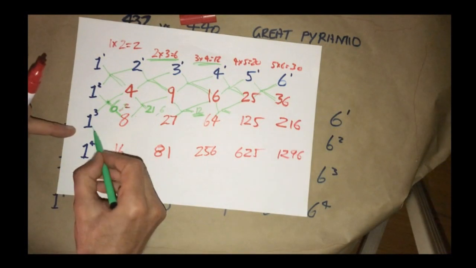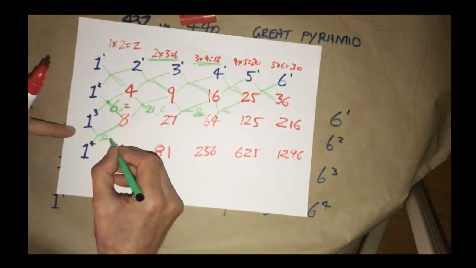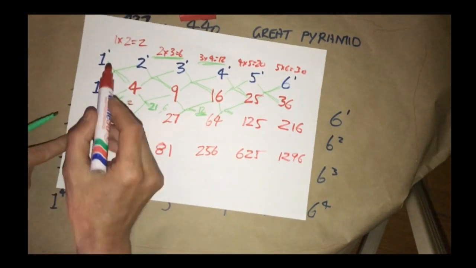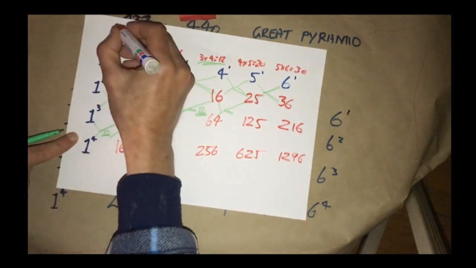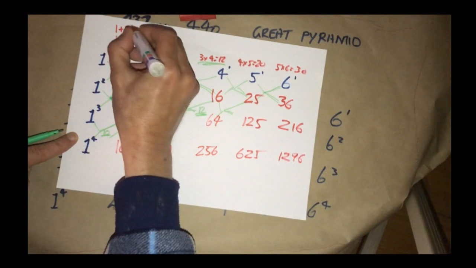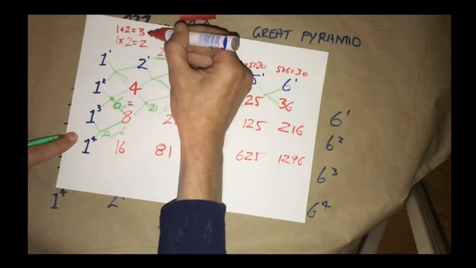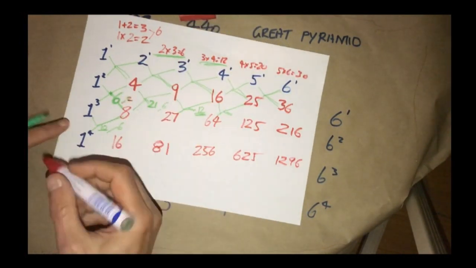So if we add these together again, what we get is 10. So now we're missing 6. Well, 1 plus 2 is 3, and 3 times 2 is 6. So that would give us what we're missing.